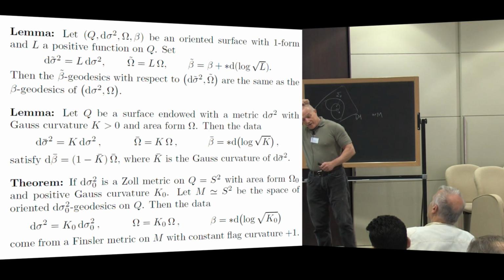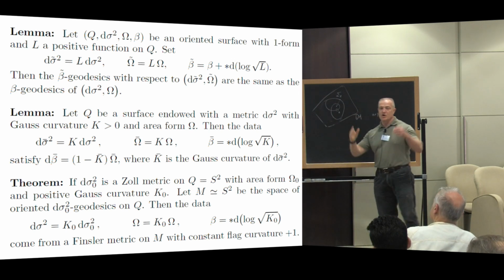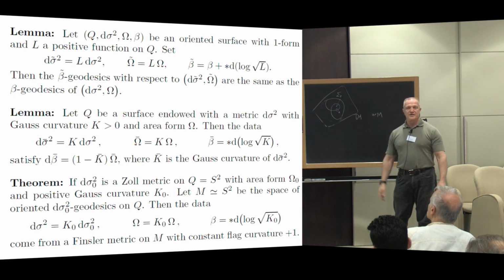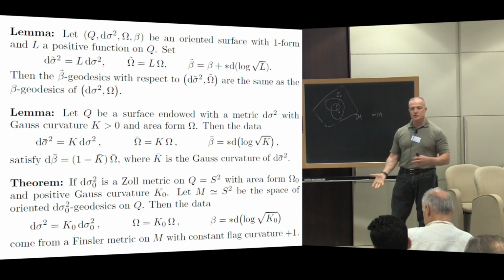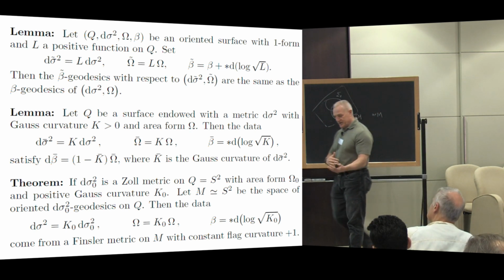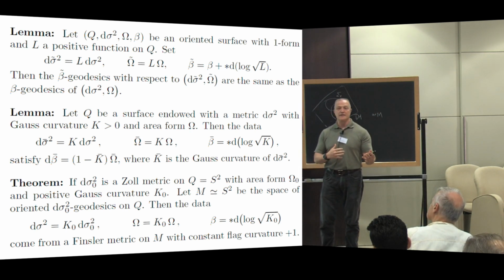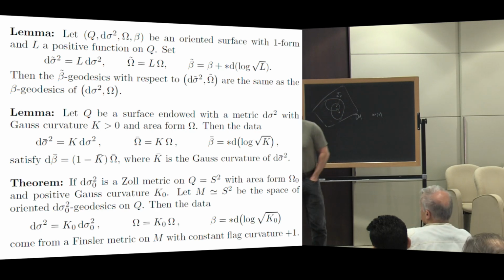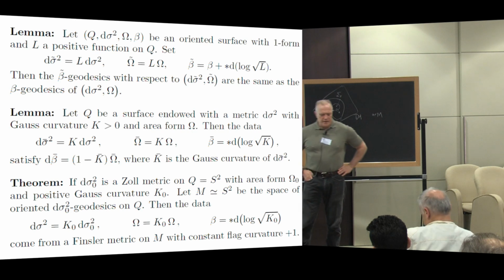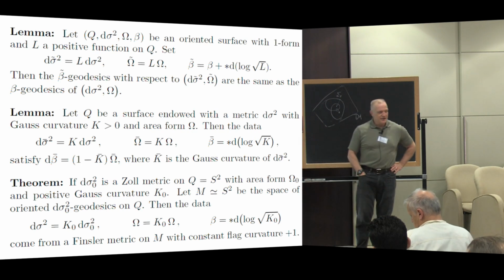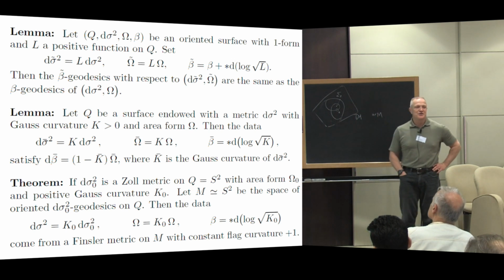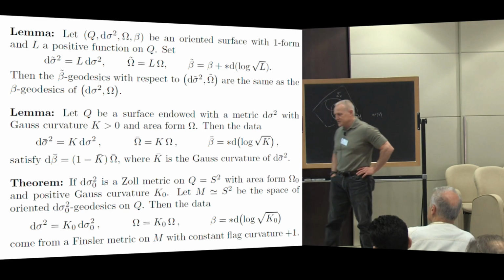So we now know what they depend on. When we started out, it was some huge set of equations on one function of 2n plus 1 variables, but now we understand what the space of solutions looks like: something that depends on functions of n plus 1 variables. This is appropriate for the finite dimensional integrable systems kind of picture, because it says that this system of equations is in some sense integrable.